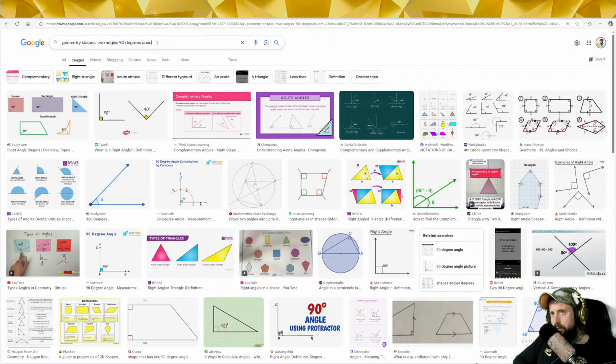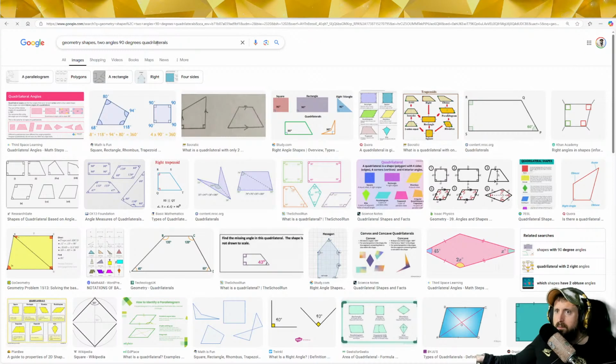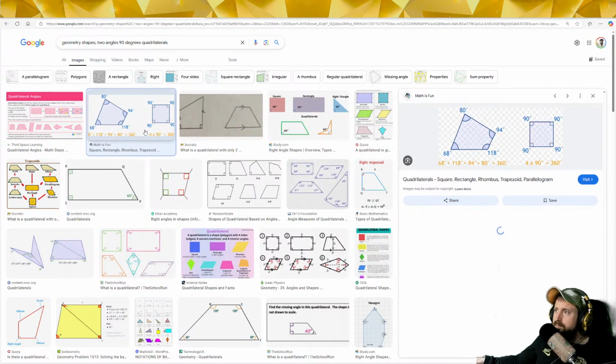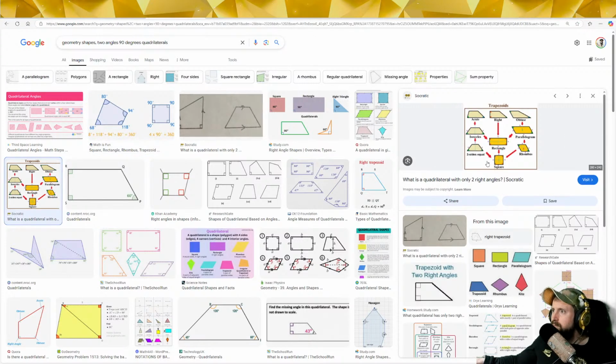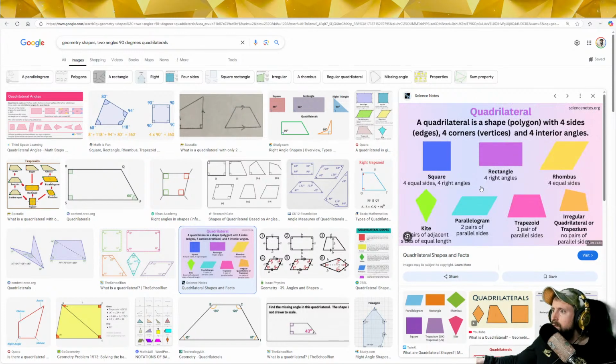We want quadrilaterals. That's a rhombus. Oh, yeah. No, I feel you.